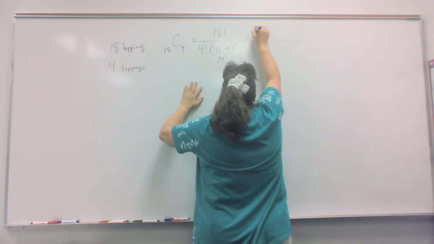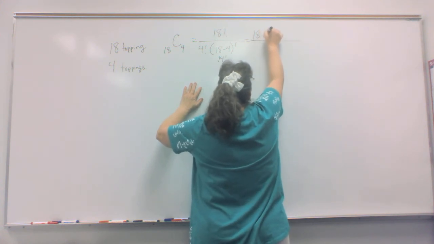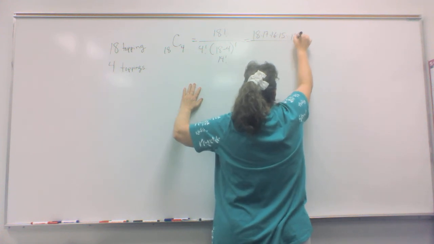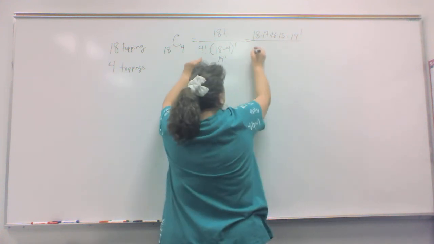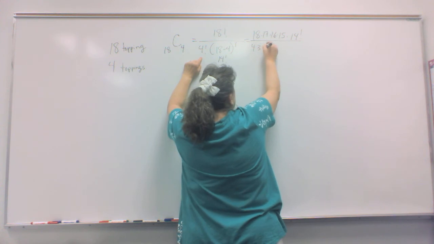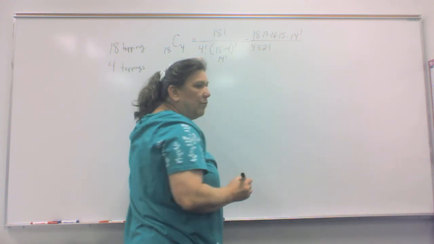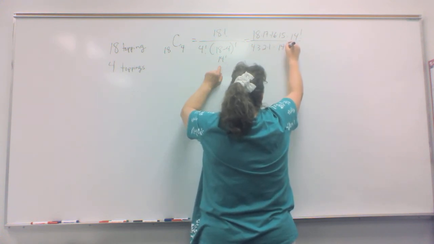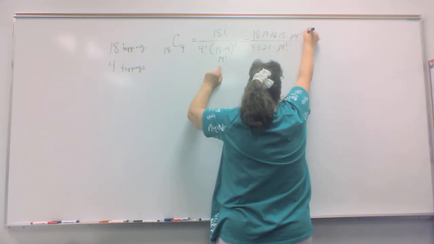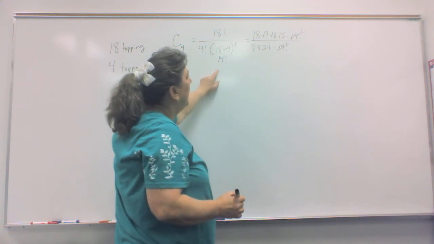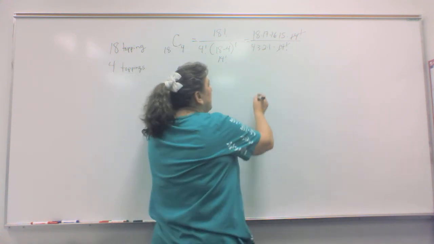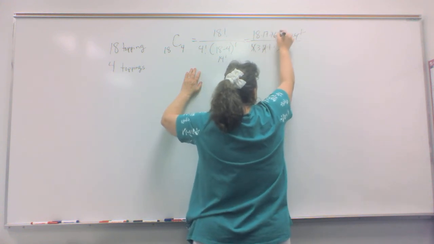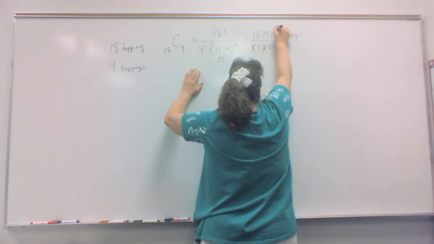So my top, we're going to write 18 times 17 times 16 times 15 times 14 factorial over 4 times 3 times 2 times 1, taking care of the 4 factorial, multiplying it times your 14 factorial. The 14 factorials cancel out.